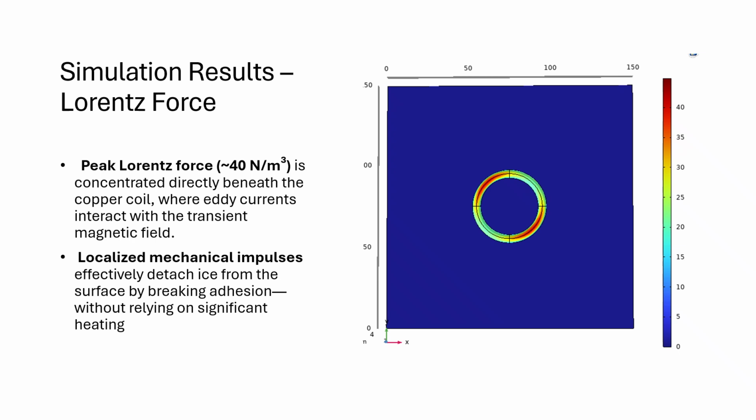This is the spatial distribution of the Lorentz force generated due to the interaction between the transient magnetic field and the eddy current within the aluminum substrate. The force is concentrated in the region beneath the copper coil. In this way, it effectively detaches the ice and fulfills our purpose.